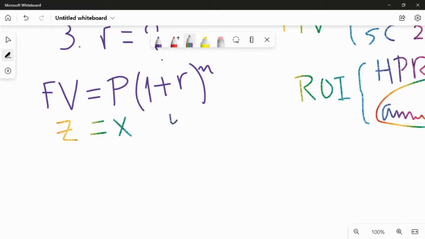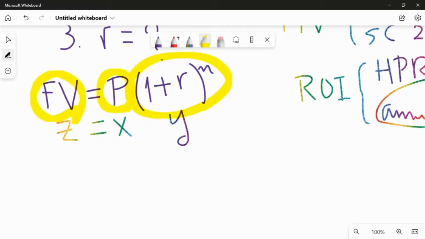This is z equals x times y, but that means this whole thing is y. Of course, this is x, this is z. But our question is inside that y. R is the unknown.